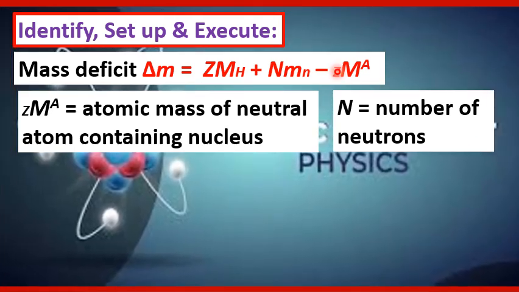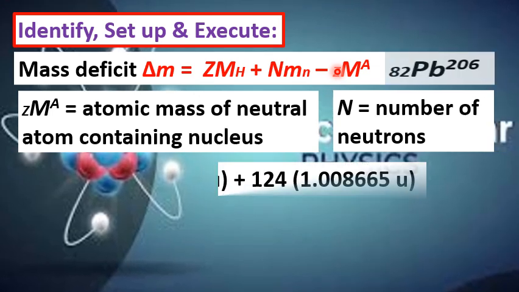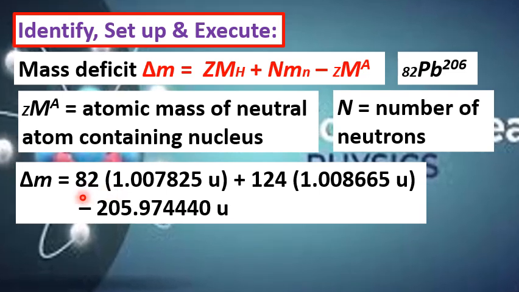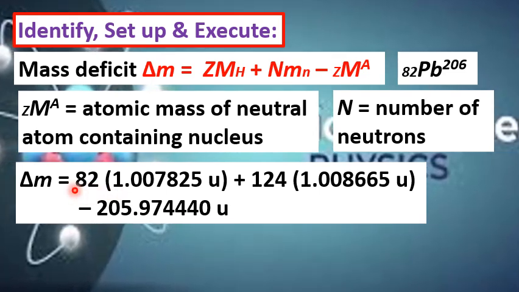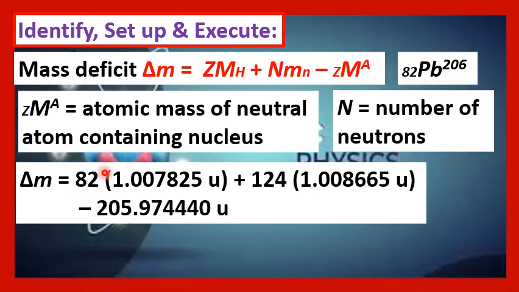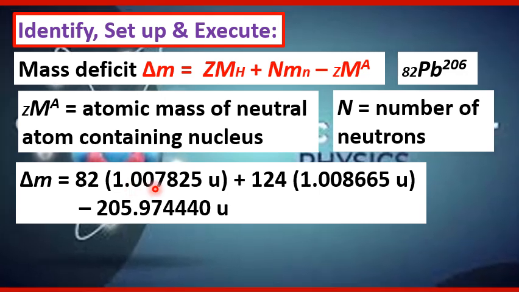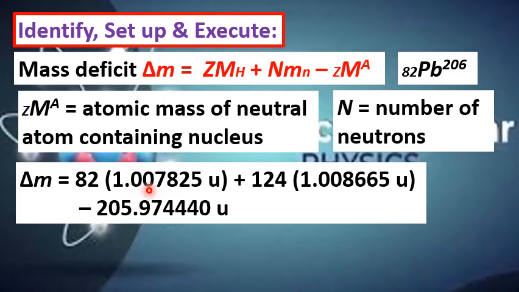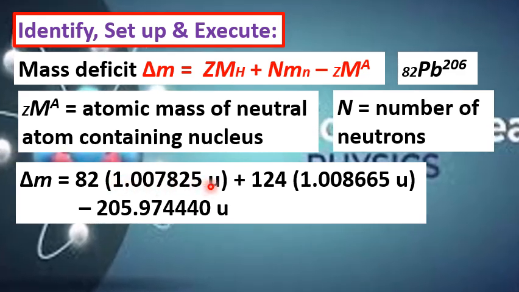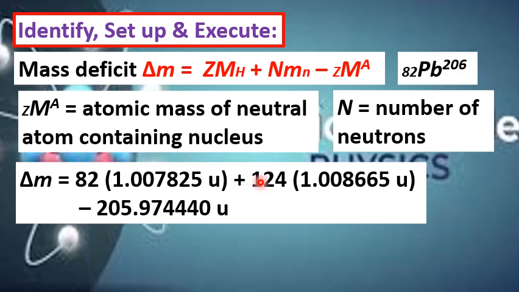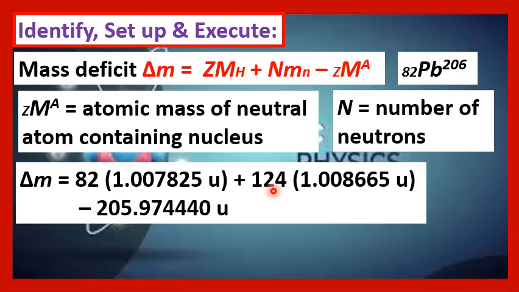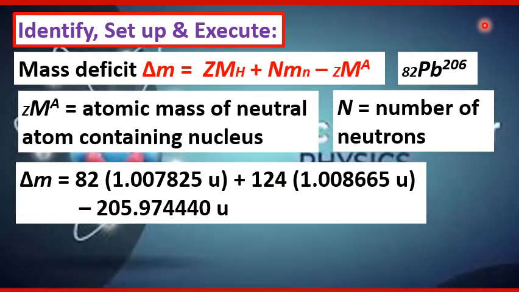So, computing the mass deficit delta M of lead-206 using this formula, we have delta M equals 82, that's the atomic number of lead-206, multiplied by the atomic mass of hydrogen atom, 1.007825 atomic mass unit, plus the number of neutrons in lead-206, which is 124.